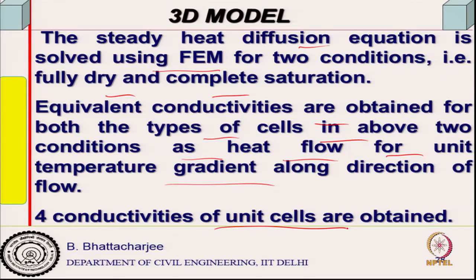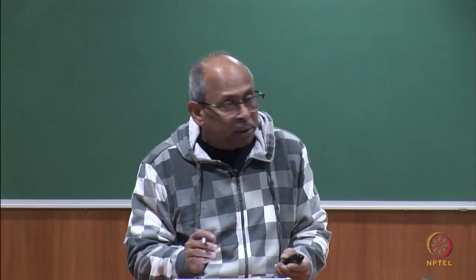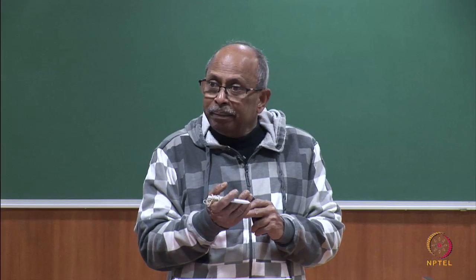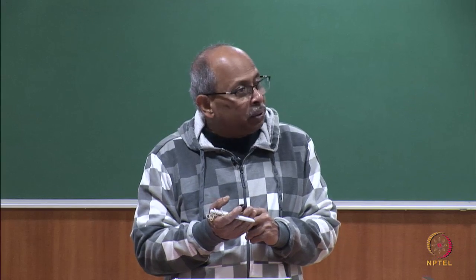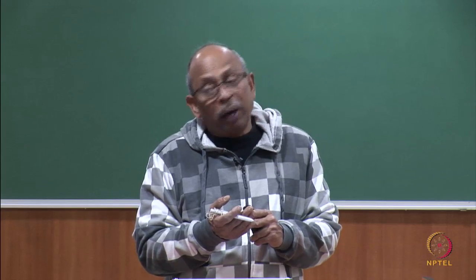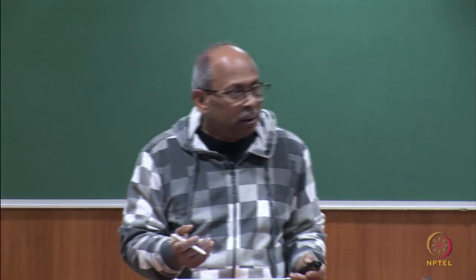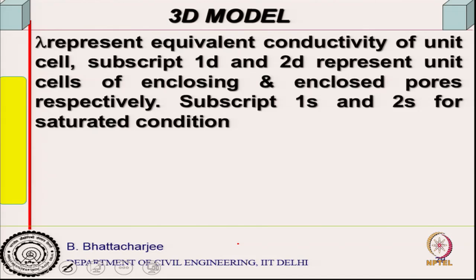So you will get 4 cases: pores inside and solid outside for dry, pores outside and solid inside for dry, and two similar situations for saturated. So you will get 4 equivalent conductivities of this unit cell.